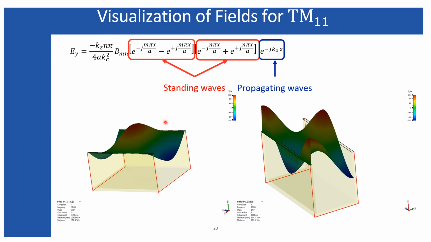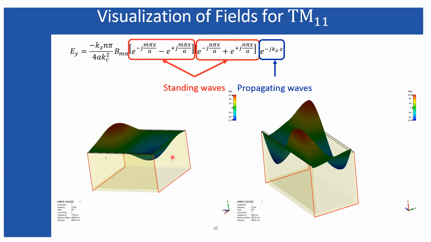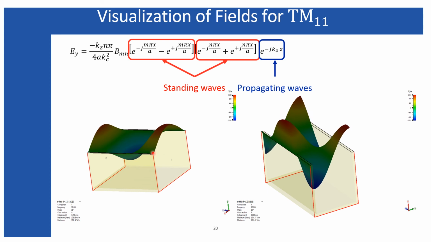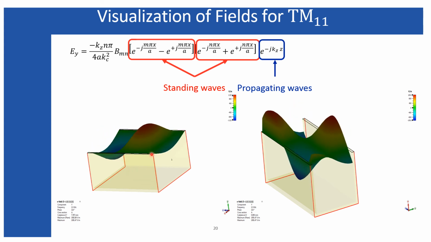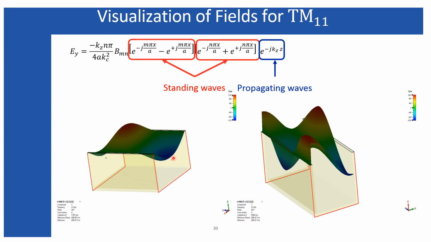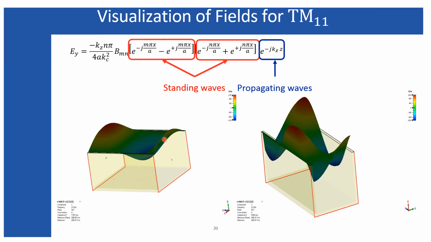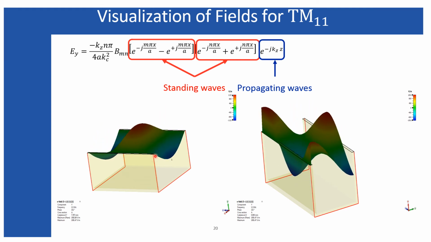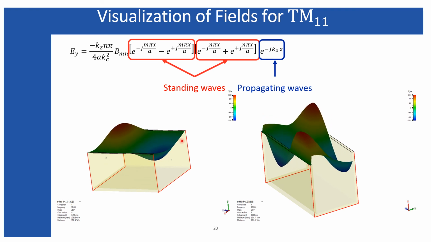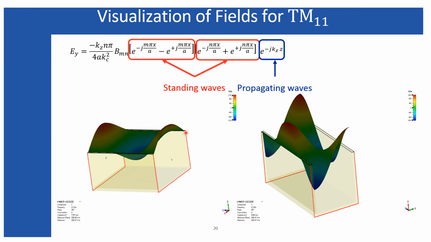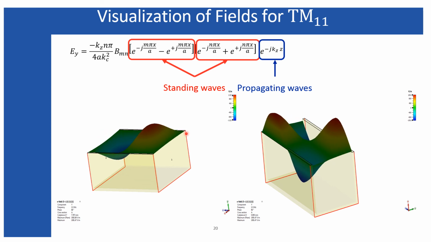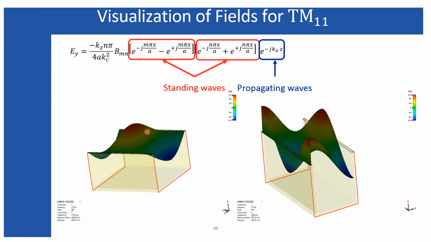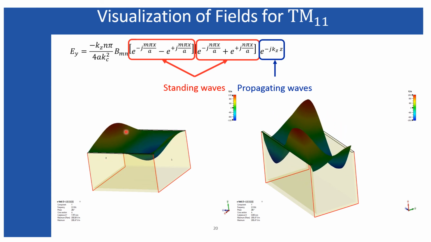That is the significance of EY, and it forms a standing wave along the x direction. You can see from over here, it is not propagating, it is just oscillating along the y direction, maintaining EY equal to 0 at x equals 0 and EY equal to 0 at x equals a. The propagation takes place only along the z direction.